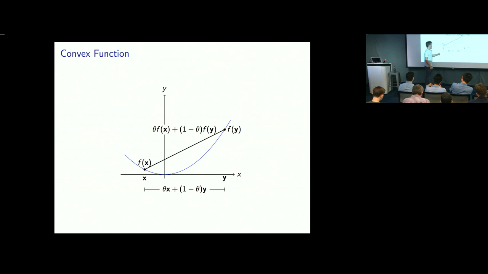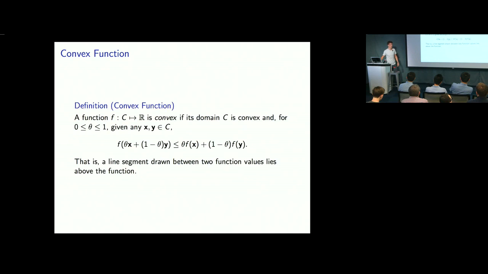So you take any input theta x plus 1 minus theta y, and that is always less than the convex combination of the function values for that same theta. So you input this line segment into the function, and that's always less than the line segment between the function values for a given theta. And generally speaking it's pretty terrible to prove that a function is convex with this definition.